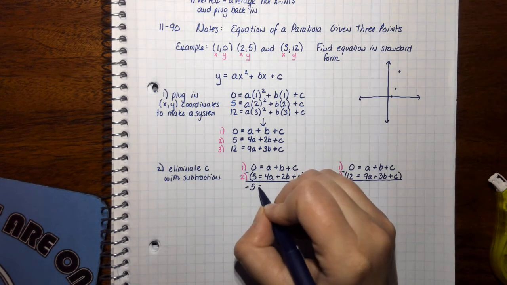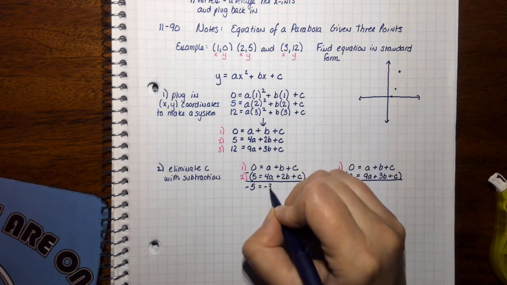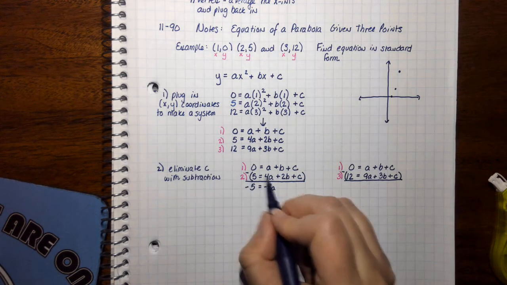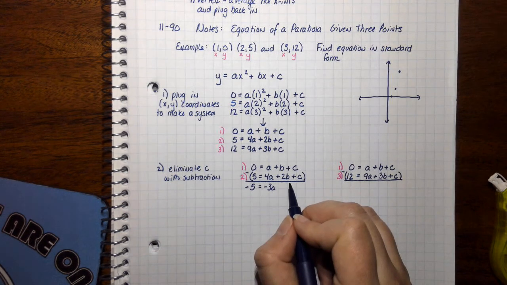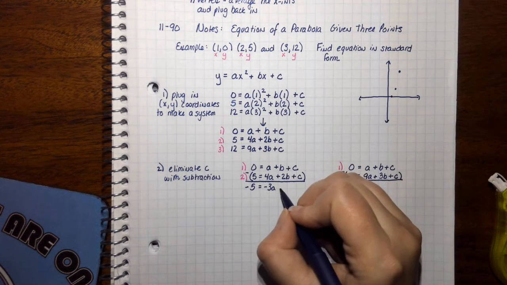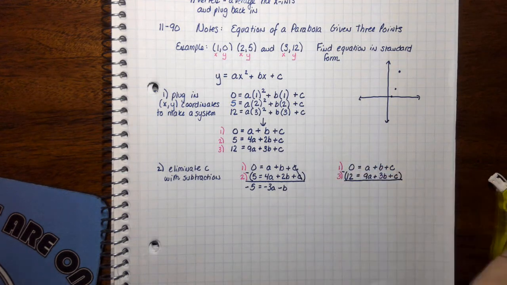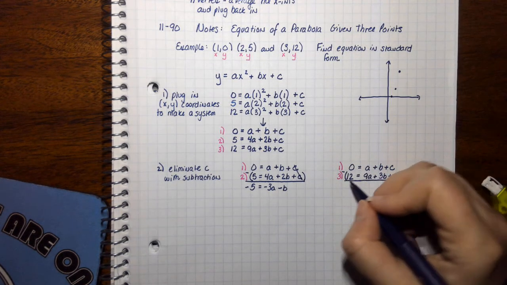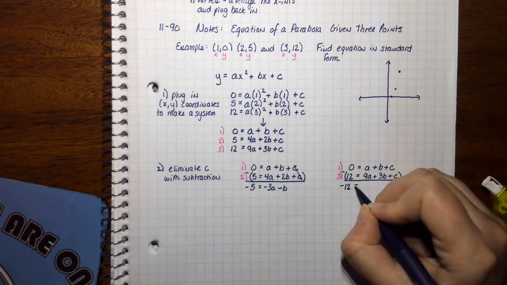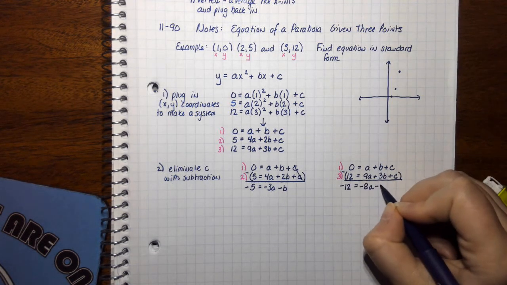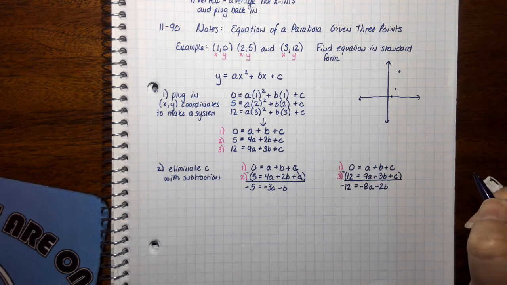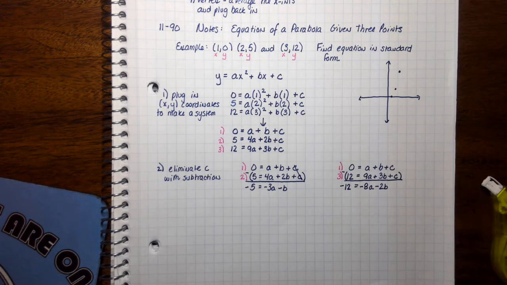Negative 5 equals negative 3A. Remember, this is A minus 4A, B minus 2B, and then the C's will eliminate. Negative 12 equals negative 8A minus 2B, and the C's will eliminate.